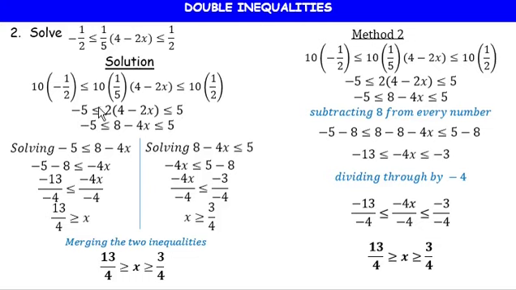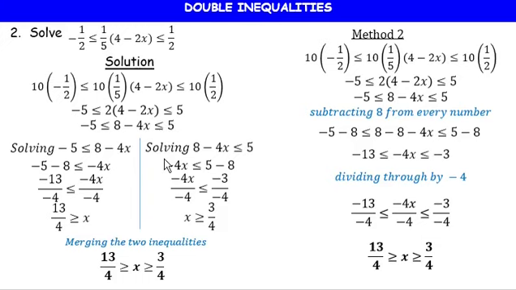So we're going to have -5 less than or equal to 2 into bracket 4 minus 2x less than or equal to 5. Then you will expand the bracket here, right? So in expanding, you're going to have -5 less than or equal to 8 minus 4x less than or equal to 5.